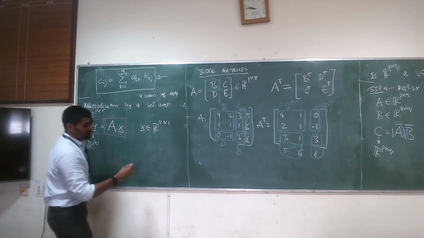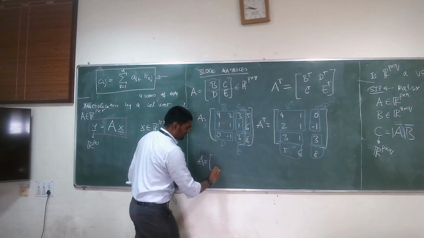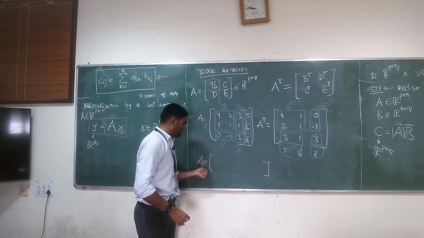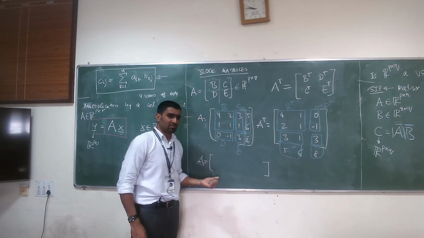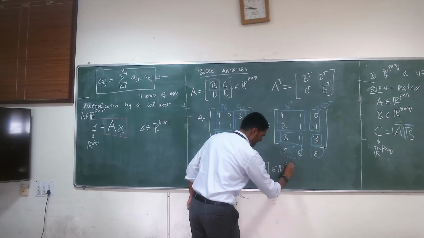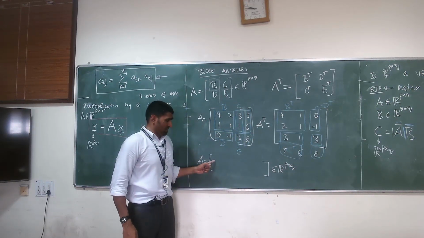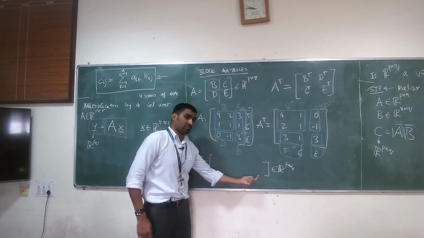Now, if I have a matrix A, I can write a block representation for the matrix A in terms of the columns of A. If A is P cross Q, how many columns are there? Q columns.